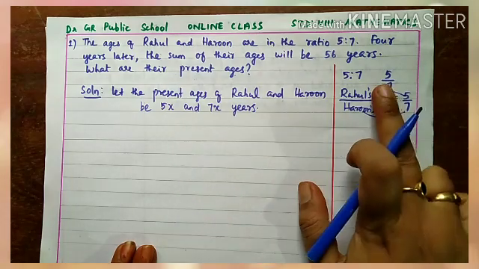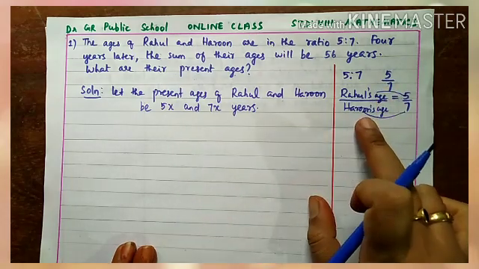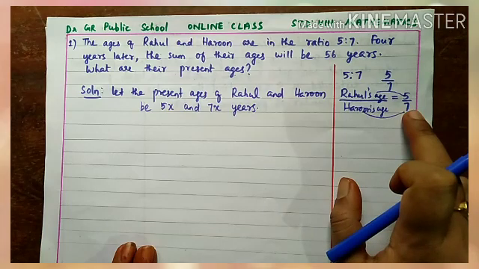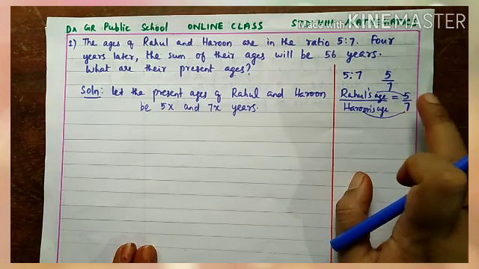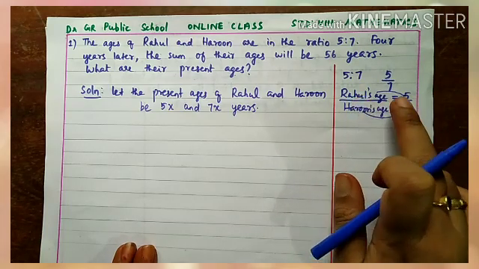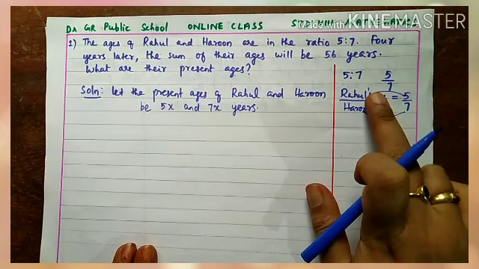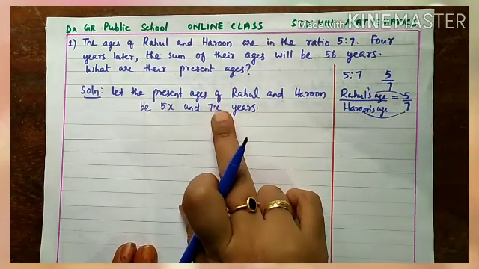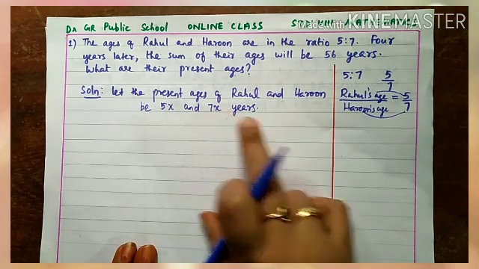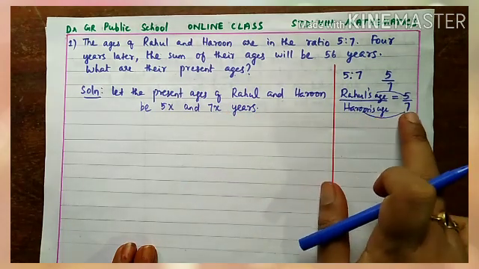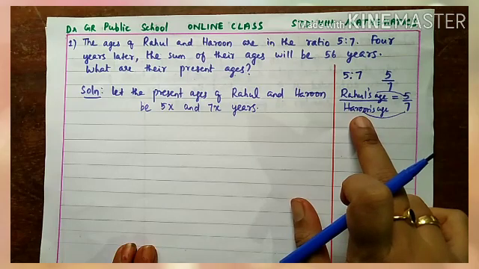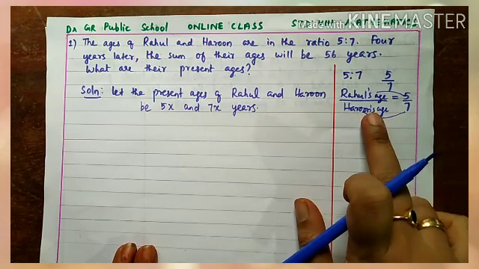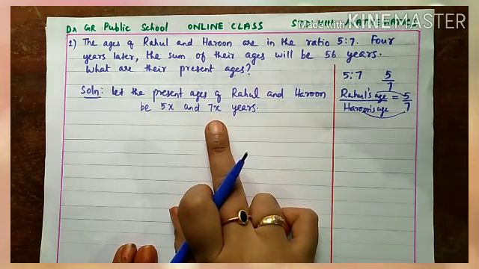Because Rahul's age to Harun's age is the ratio 5/7, so we can assume Rahul's age to be 5 times x. That x we don't know. Our aim is to find that x. And Harun's age is 7 times x, a multiple of 7. So we have taken 7x.